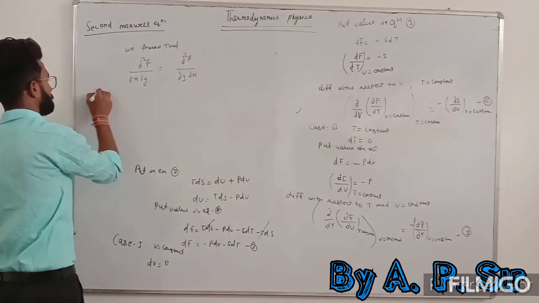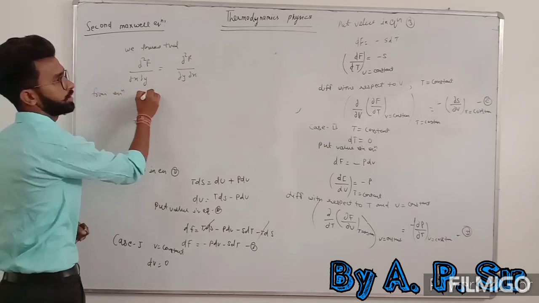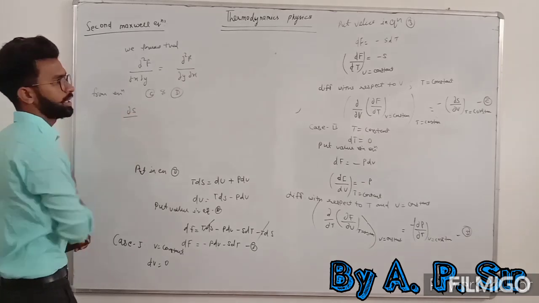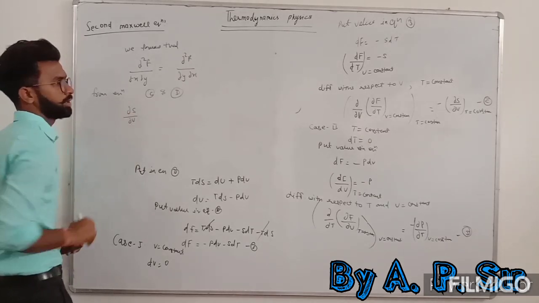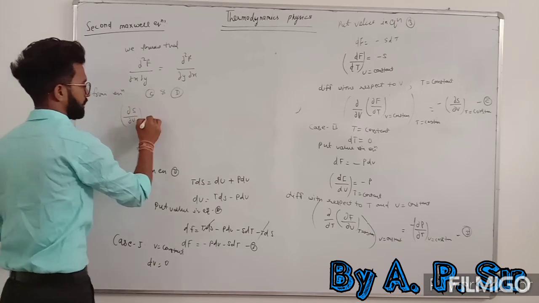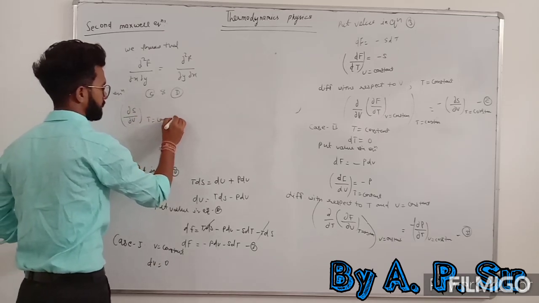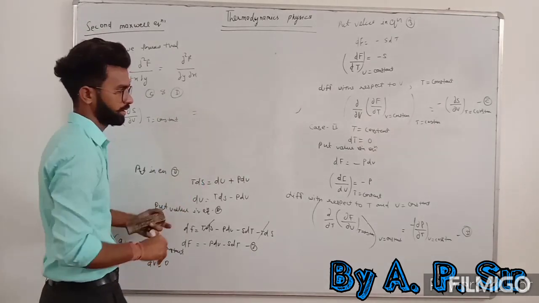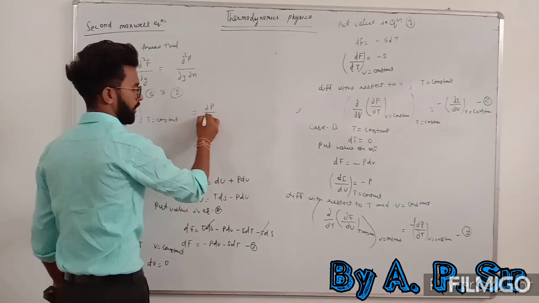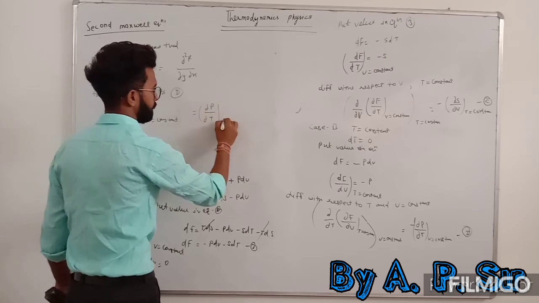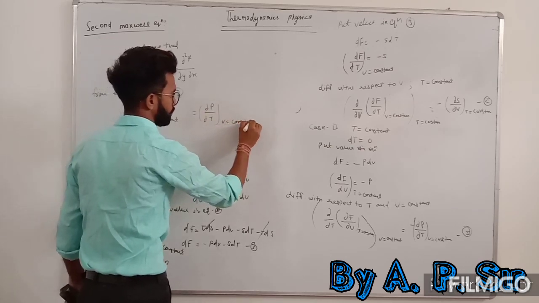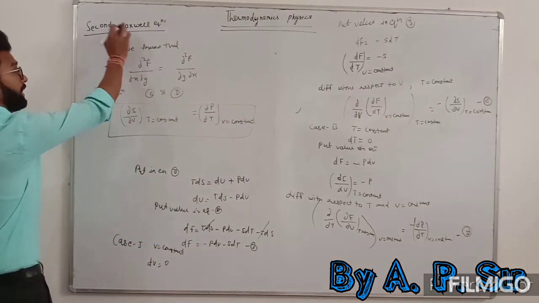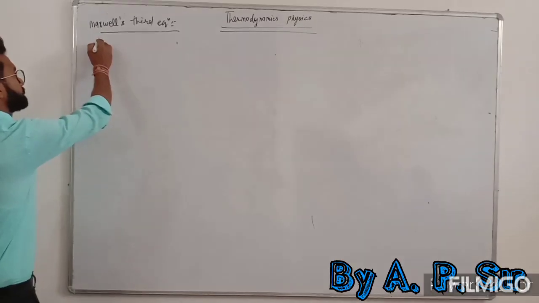Then from equation C and D, del S upon del V at T constant is equal to del P upon del T at V equals constant. This is called the second Maxwell equation.